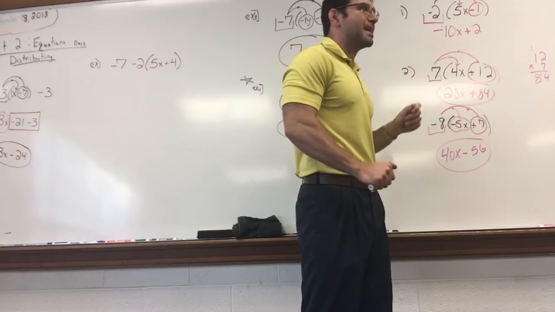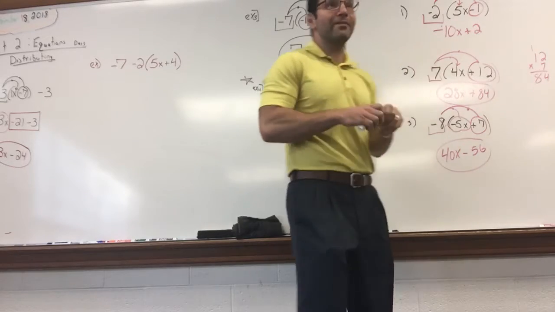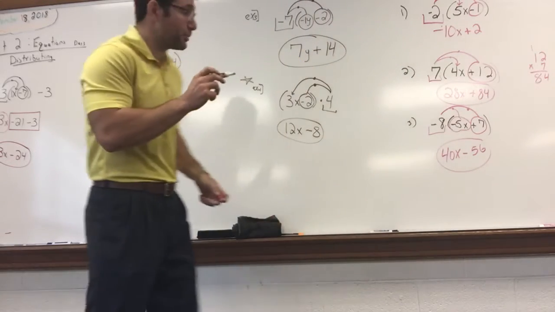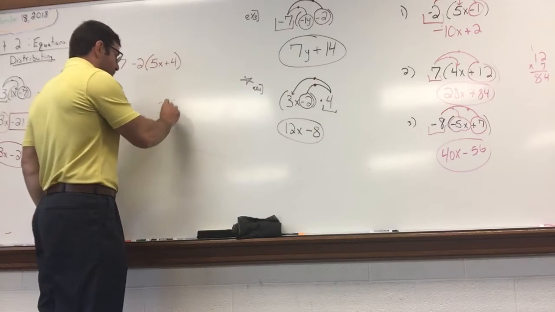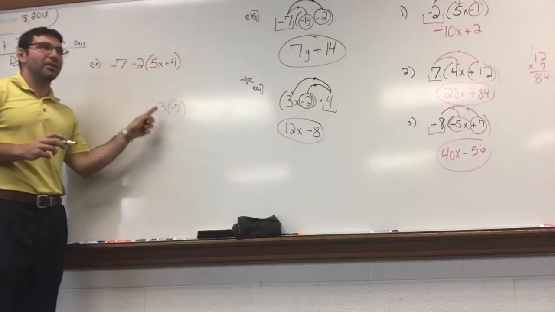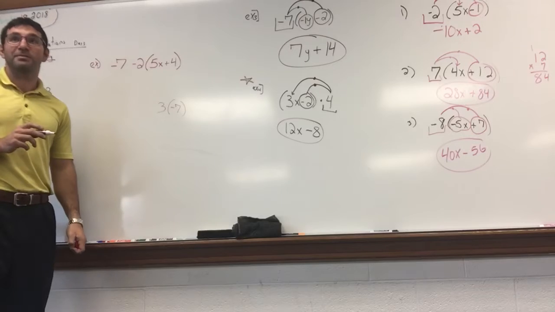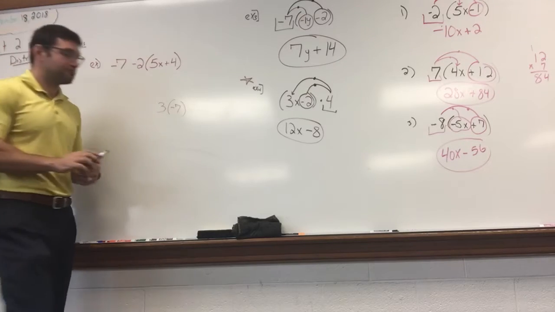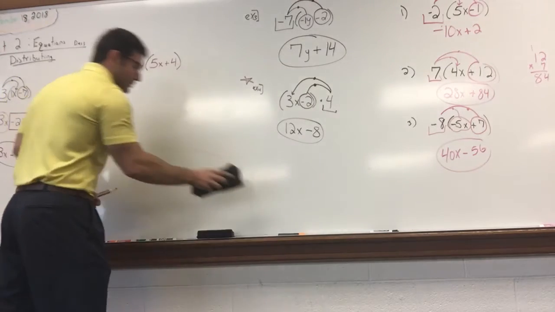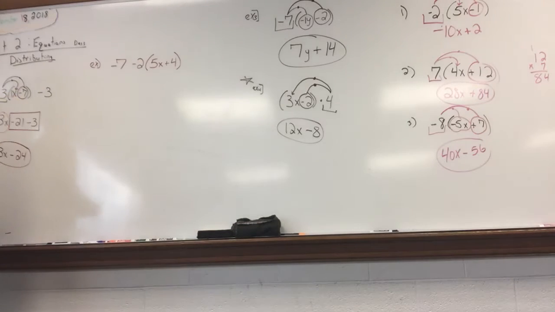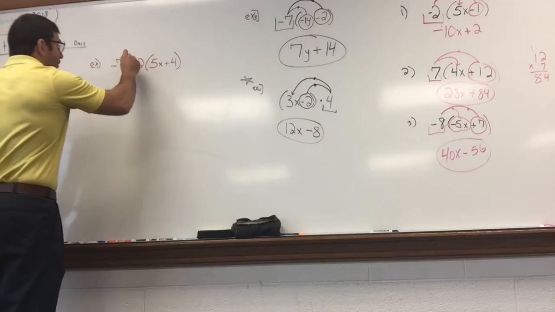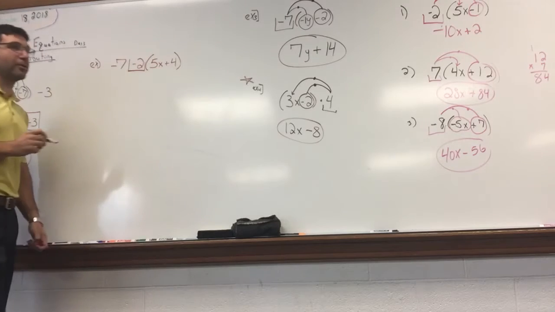This 7 is too. When a number is right next to a parenthesis, that means multiply, right? So again, what number will we be distributing? Negative 2, very good. So I'm going to take all of this and multiply it.